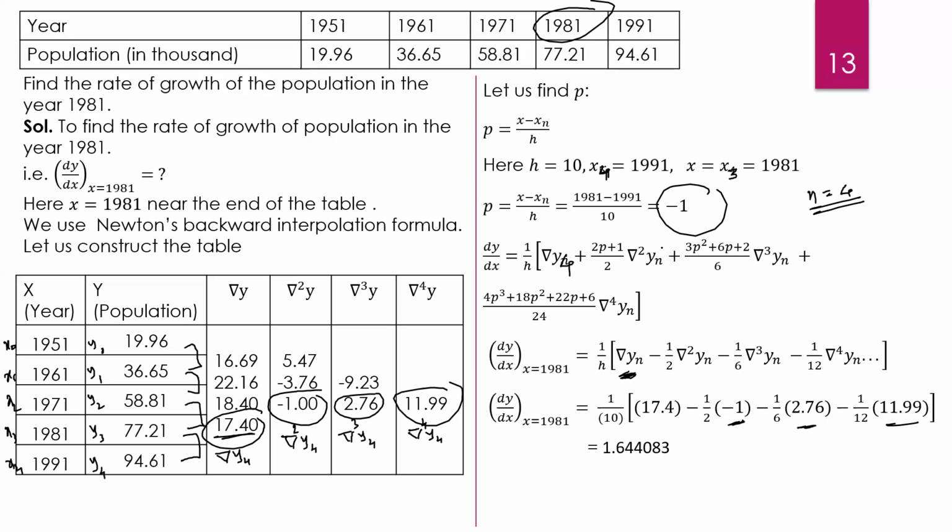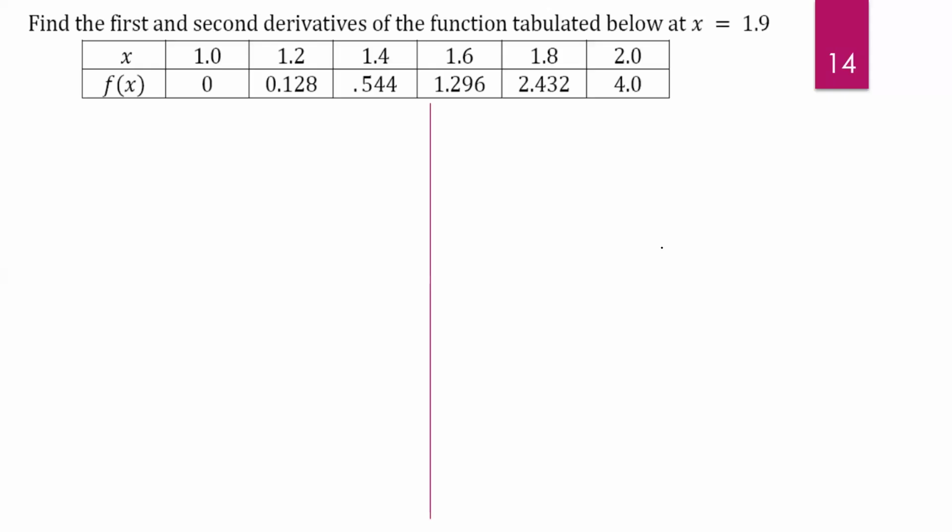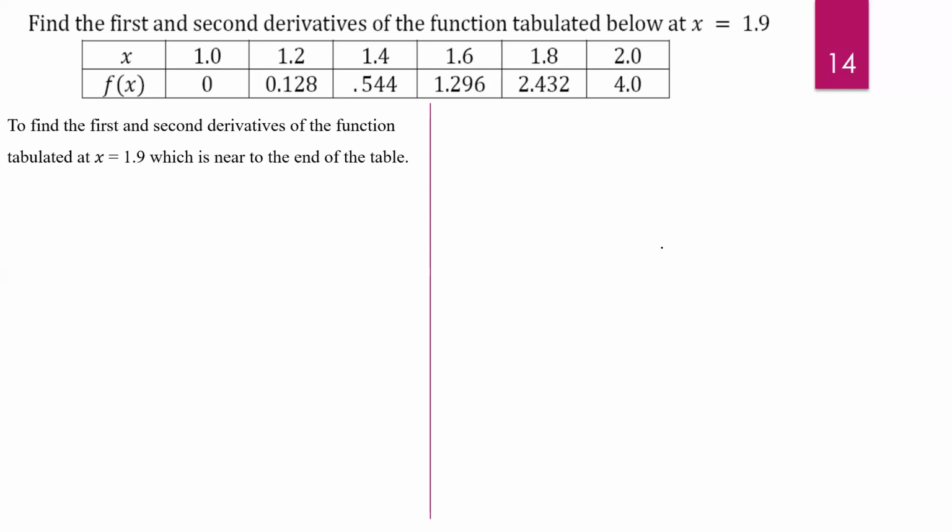Now similarly, take the same example on the backward difference formula. The question is to find the first and second derivative of the function at x is equal to 1.9. So this is the end of the data set, so we use the Newton backward interpolation formula.